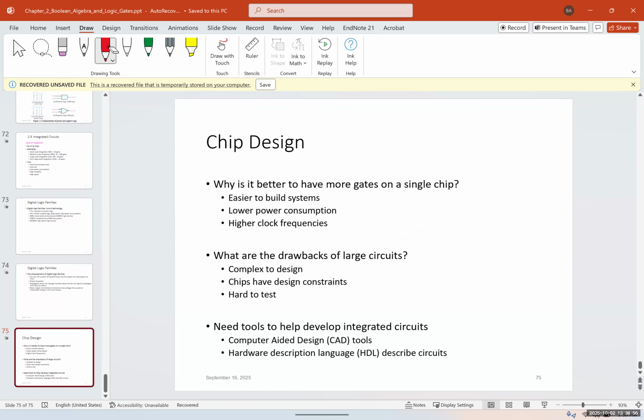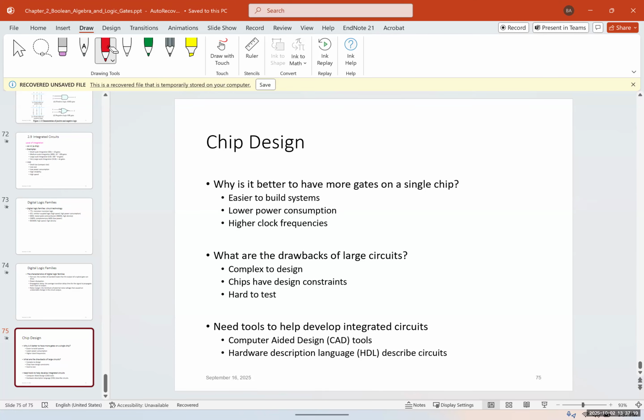For chip design, we have to consider some things. First of all, why is it better to have more gates on a single chip? Because it's easier to build the system, we have lower power consumption, and we have higher clock frequencies.